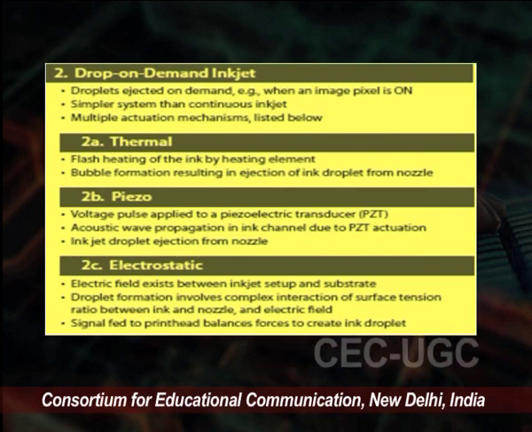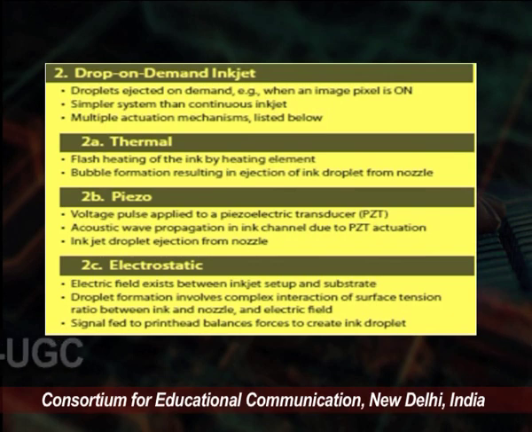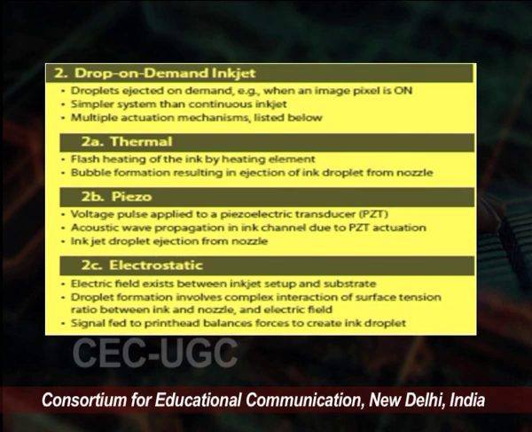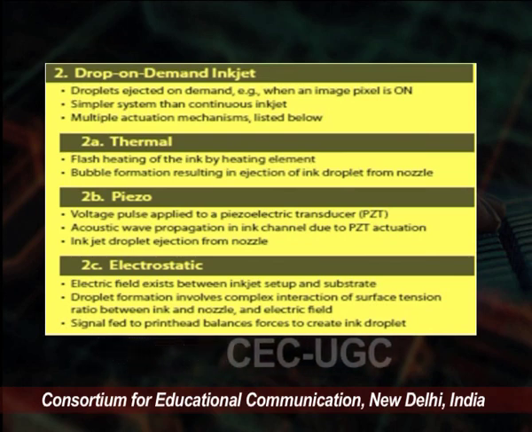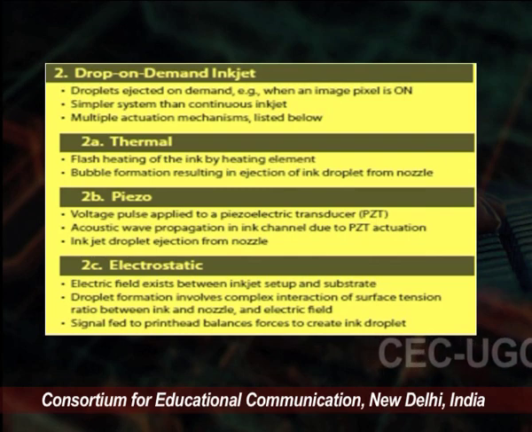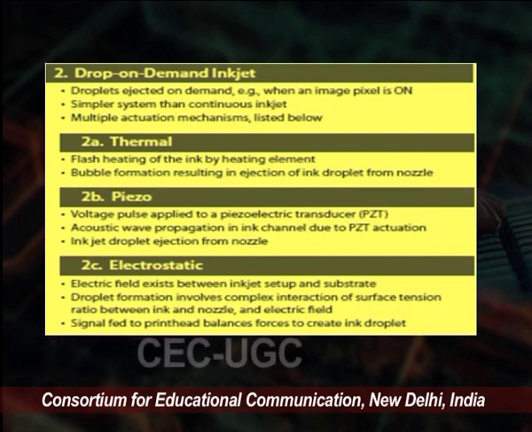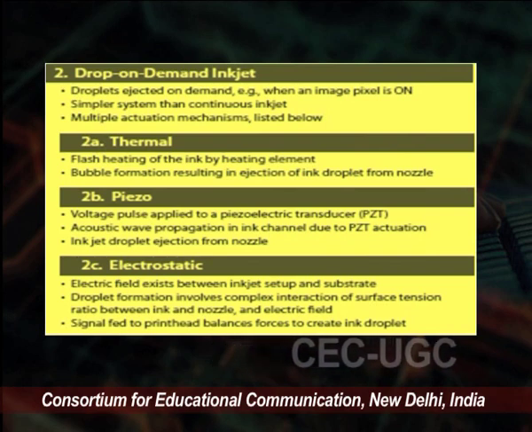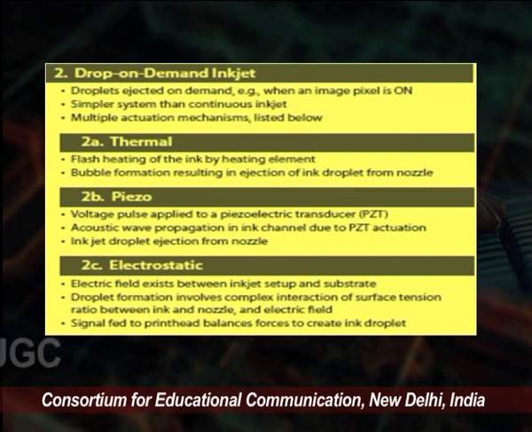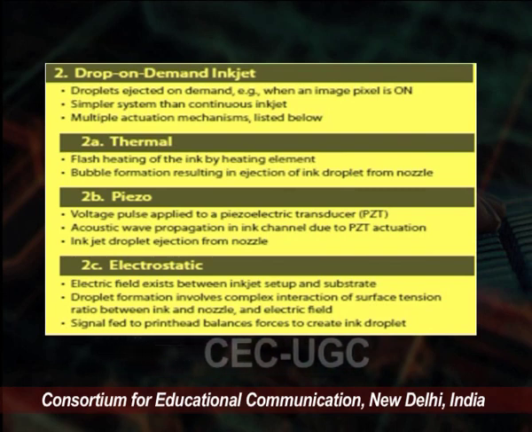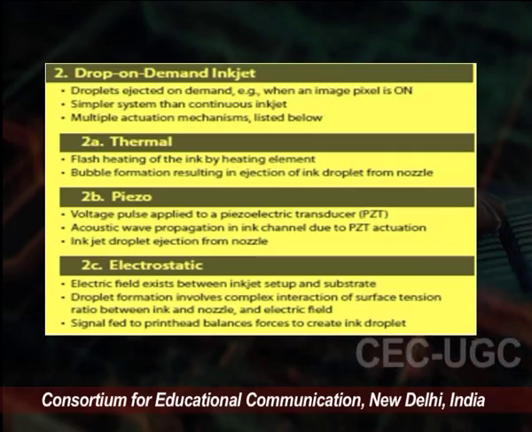In the case of the piezo, a voltage pulse is applied to the piezoelectric transducers, and in the electrostatic form, an electric field exists between the inkjet setup and the substrate. So these are the three mechanisms used in drop on demand inkjet printing.